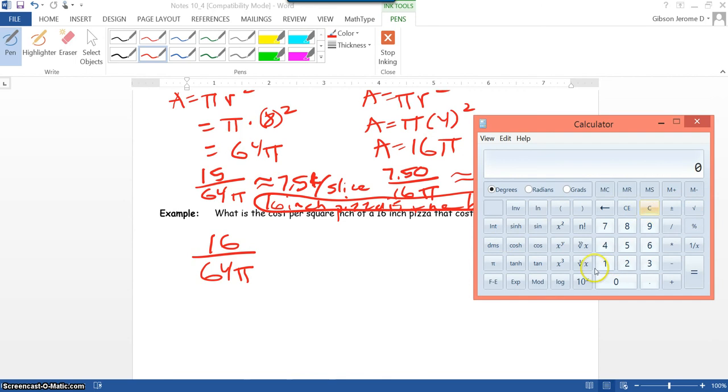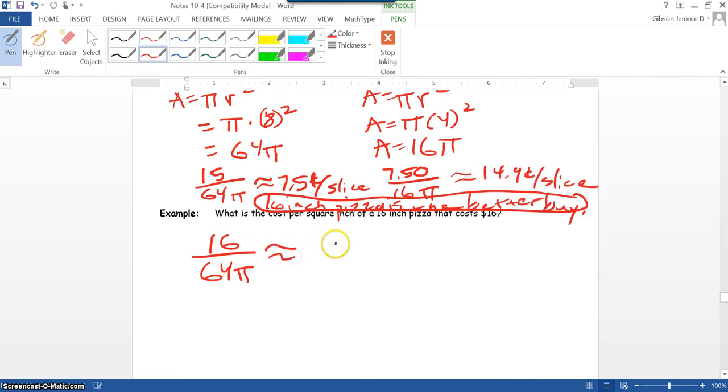So we would take 16 divided by 64 times 3.14. And that would give us about, we might as well say about 8 cents a slice. Or we could just do this 0.08 per slice.